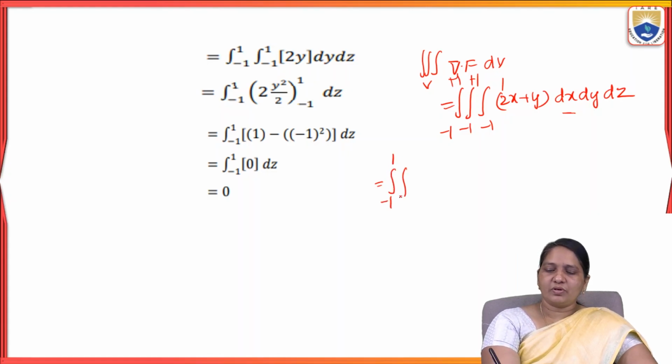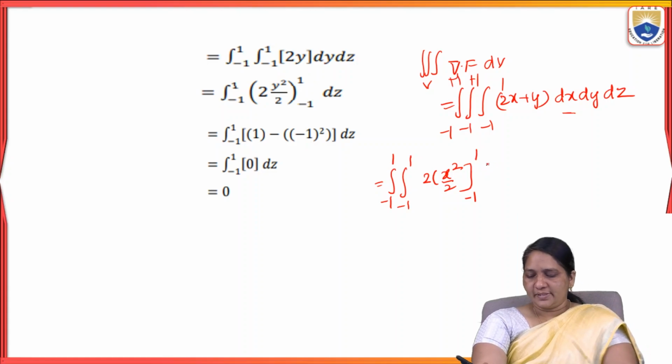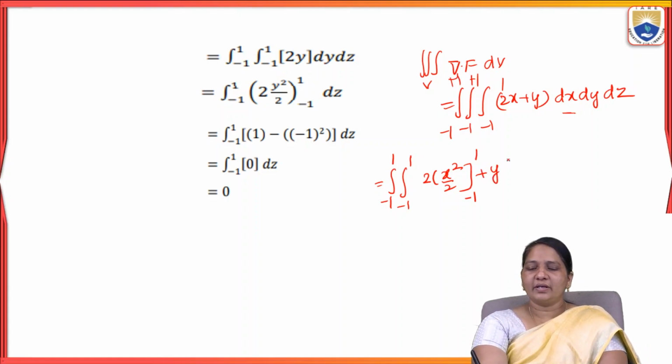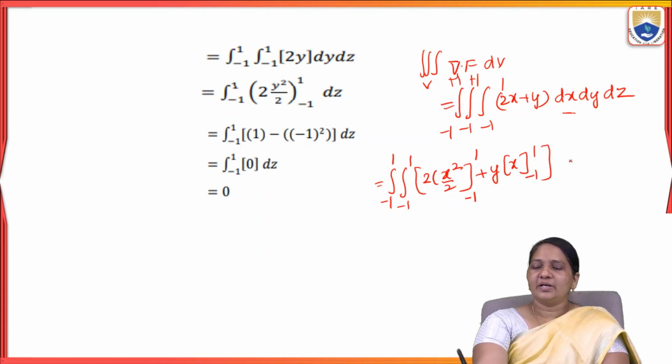Minus 1 to 1, minus 1 to 1. 2 into x dx is x²/2, limits are minus 1 to 1, plus y, integral dx is x, limits are minus 1 to 1, dy dz.